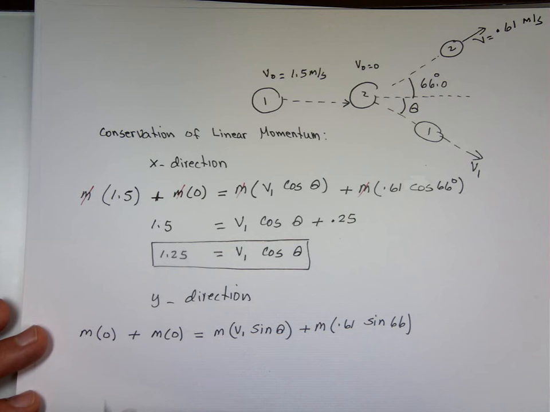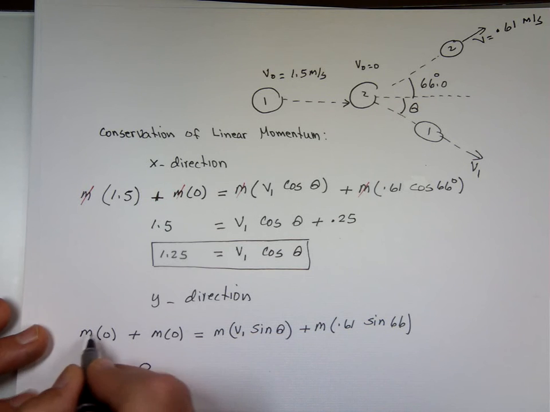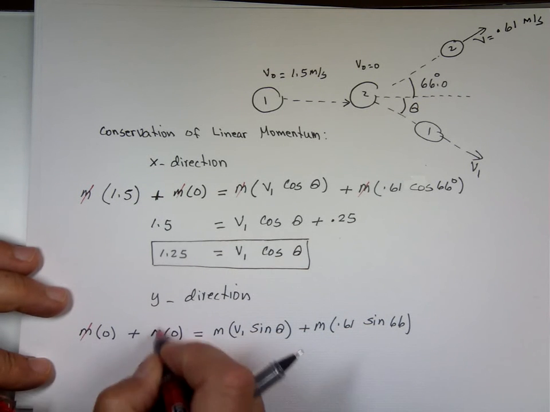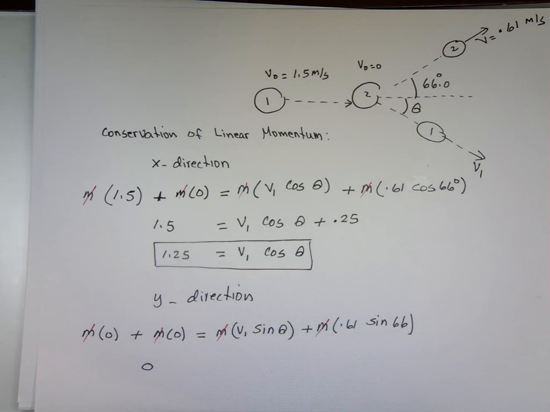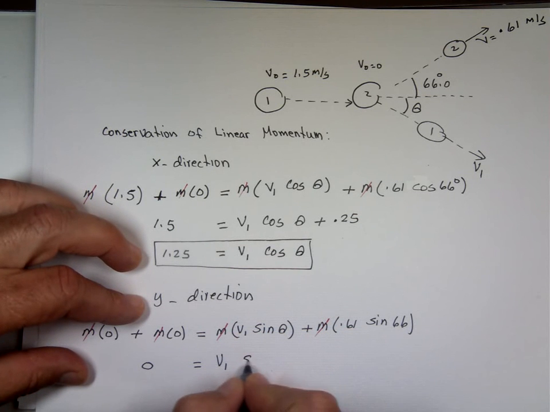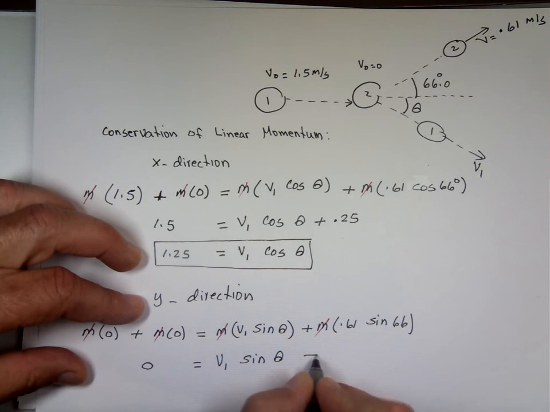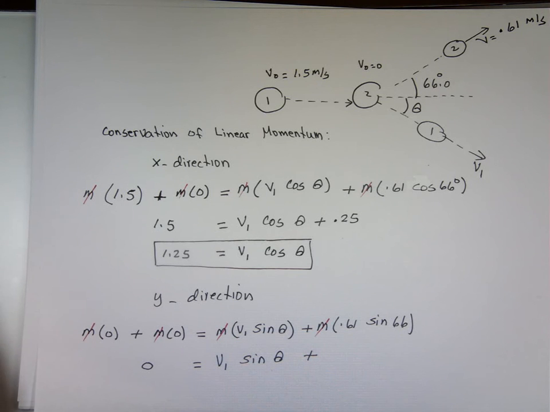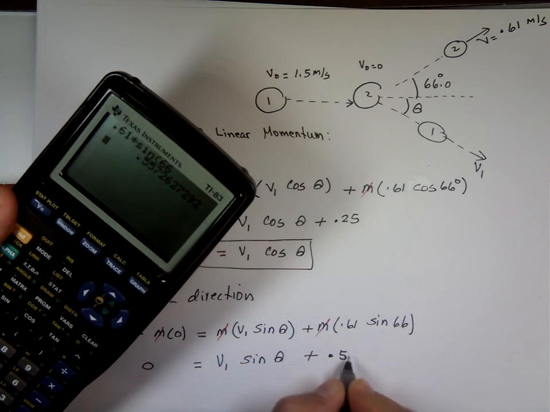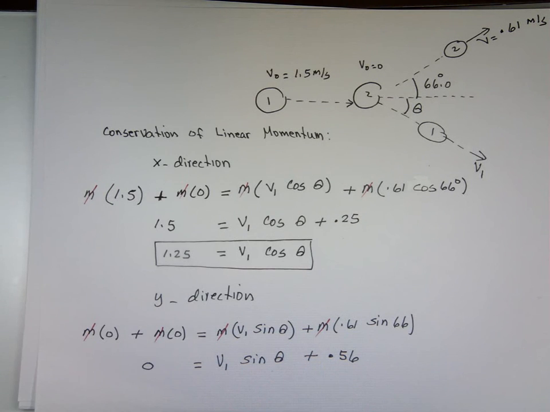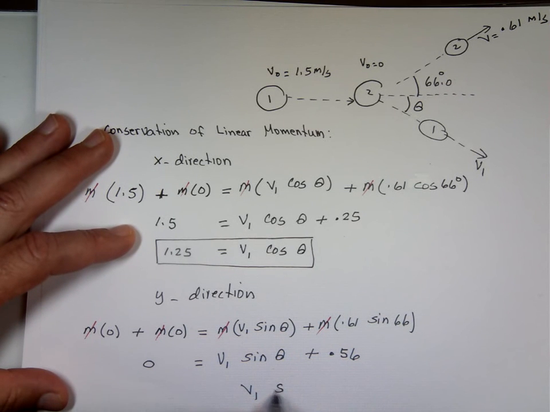We have 0, because you can cancel the m's, equals v1 sine theta plus 0.61 times the sine of 66, which is 0.56. Actually, I lucked out with the information I gave you. I didn't even have to use conservation of kinetic energy.